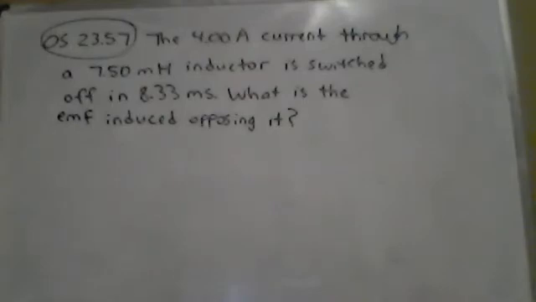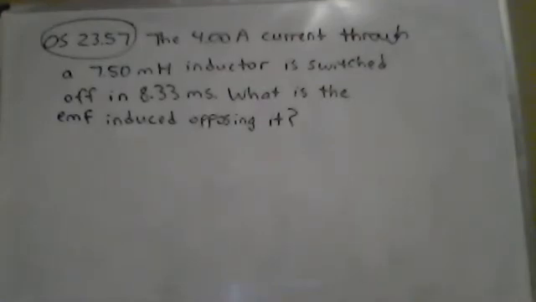So the current is suddenly reducing. It's a steady state current, and all of a sudden the current is going to change. It's going to go from its full current, 4.00 amperes, to nothing in just 8.33 milliseconds. That's a change in the magnetic flux through the inductor, which means there's going to be a self-induced EMF through the inductor.